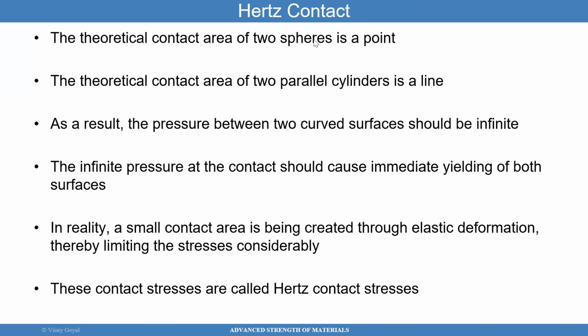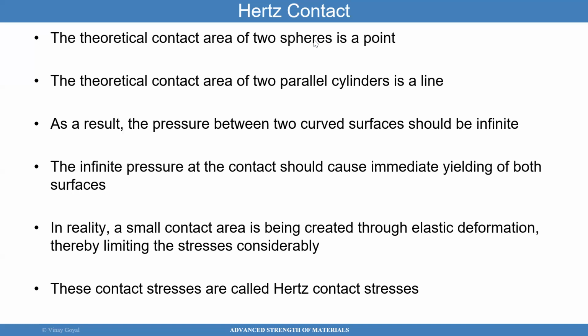We know that if everything came to a point, it's unlikely, like in real life, you don't see it. If I were to bring two spheres together with very little load, obviously the two spheres are not breaking apart just by bringing them into small contact. So we know that infinite stress is not really a reality. In reality, a small contact area will develop, and it's created through elastic deformation.